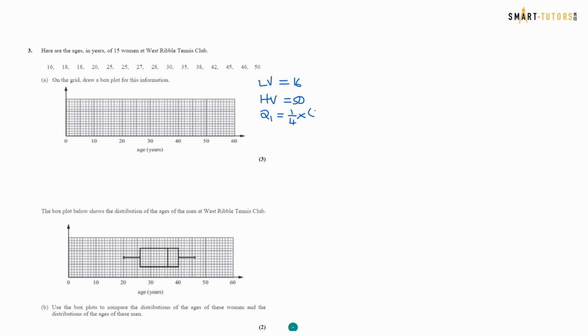So you can use the formula n plus 1. A quarter of n plus 1 is a quarter times 16, because 15 plus 1 is 16. This is going to be the fourth term. So counting 1, 2, 3, 4, which is 20. That is the answer for Q1.